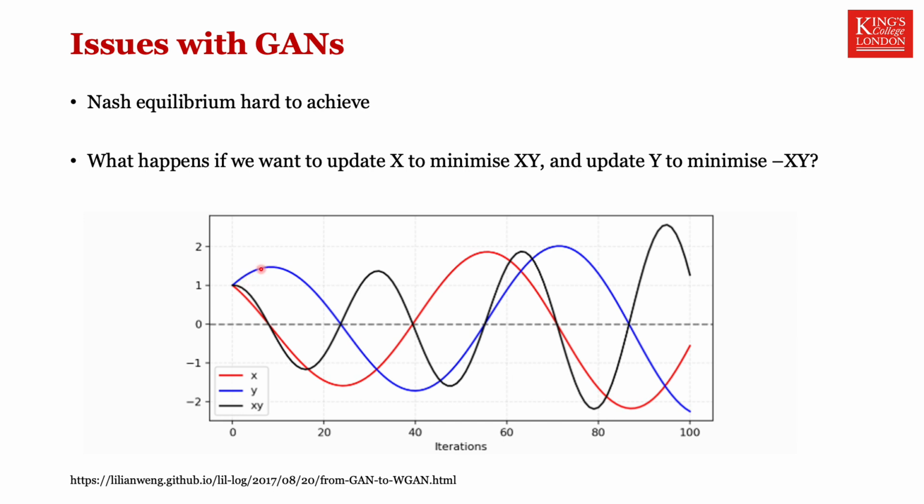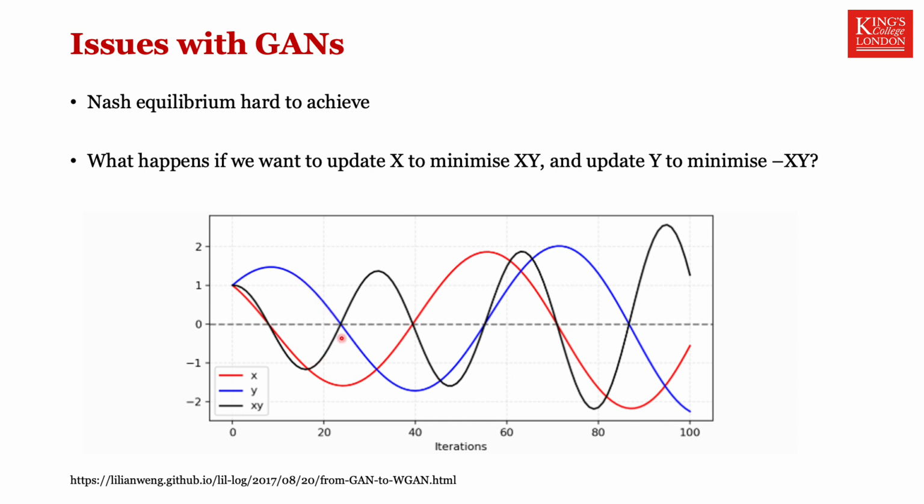So now y starts going up, and when y starts going up, the x times y keeps going down and it suddenly crosses the zero line. When it crosses the zero line, x realizes that it needs to turn around and start going up. But when it does that, in order for y to minimize the minus xy, y also starts going down.